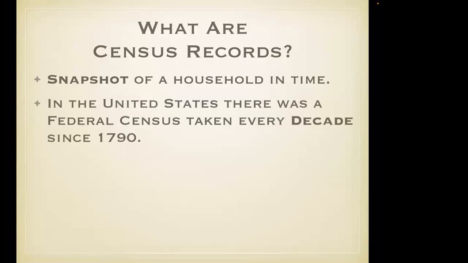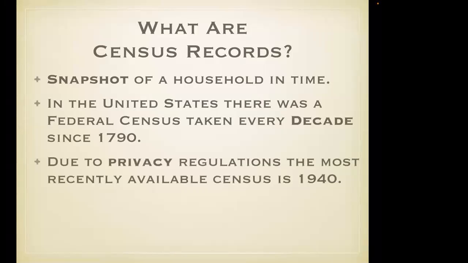In the United States, there was a federal census taken every decade since 1790. But due to privacy regulations, the most recently available census is 1940. Censuses are not released for 72 years. So the 1950 census will probably be made available next year sometime.